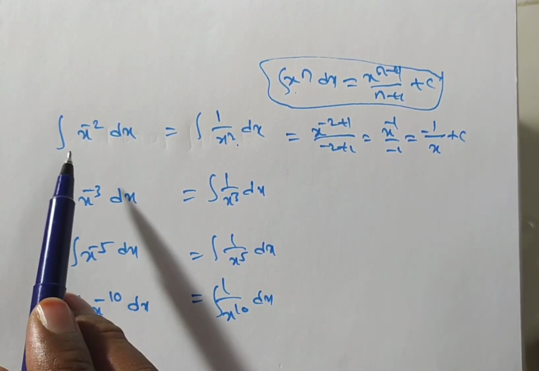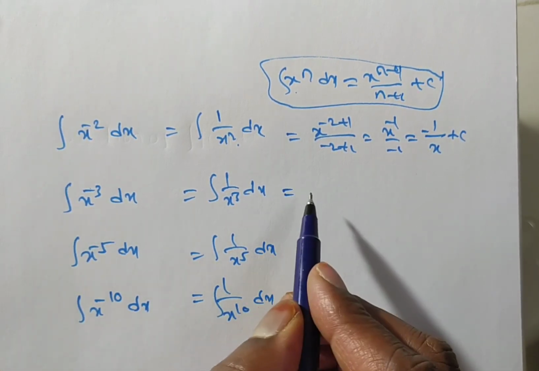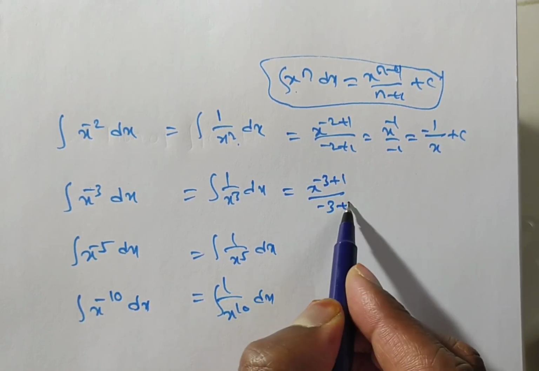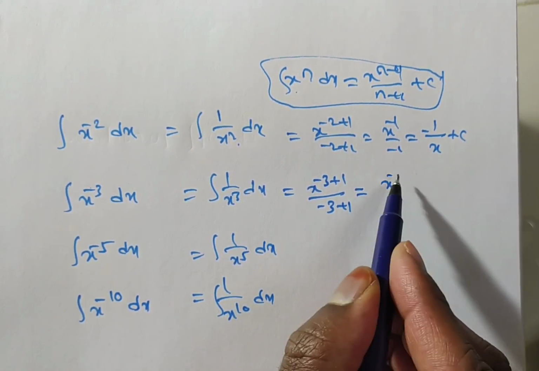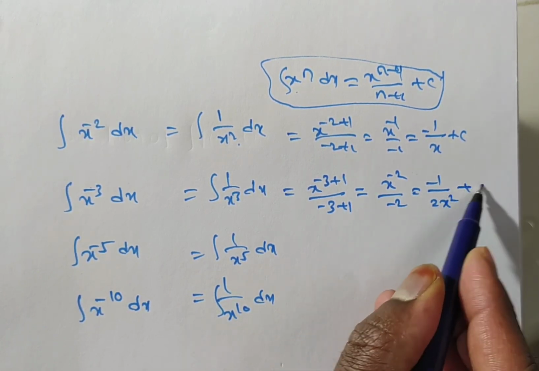So integral of x power minus 2 is minus 1 by x. Now x power minus 3 integration: minus 3 plus 1 by minus 3 plus 1 is equal to x power minus 2 by minus 2. So minus 1 by 2x square plus c.